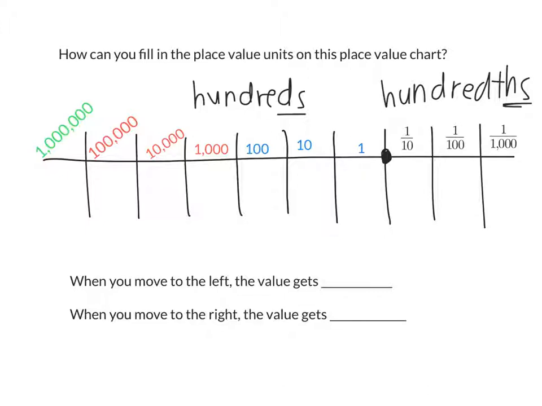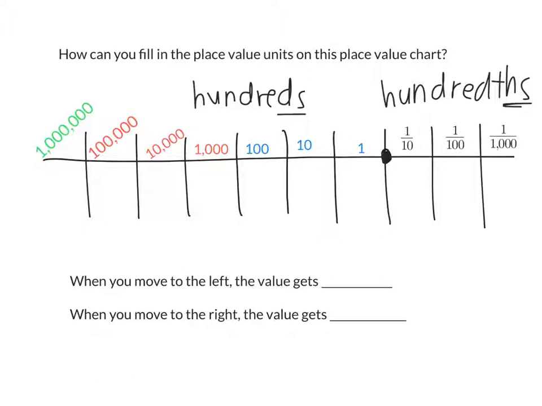For the thousandths, it would take 1,000 thousandths to equal 1. This is 10 times smaller than this. We know that, right? So if I took 1 apart and broke it into 10 small pieces, each of those pieces would be 1/10. Then if I took 1/10 and broke it into 10 small pieces, each of those would be 1/100th, because it would take 100 of them to equal 1.